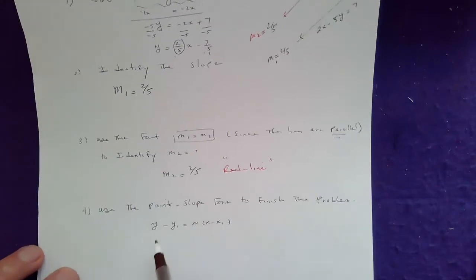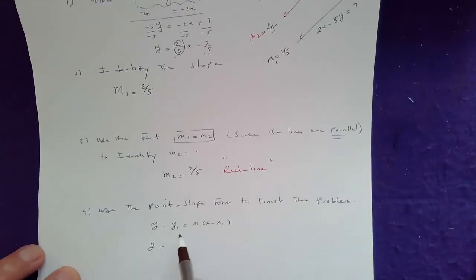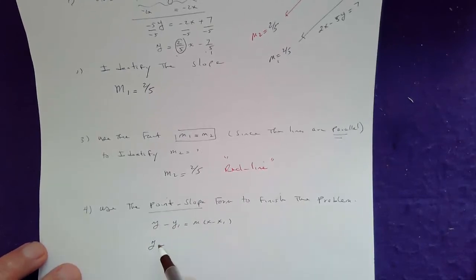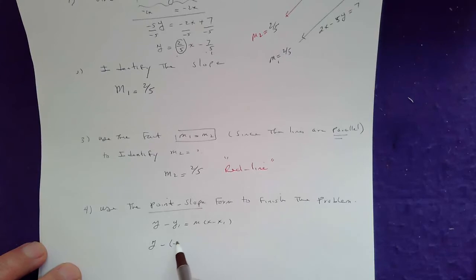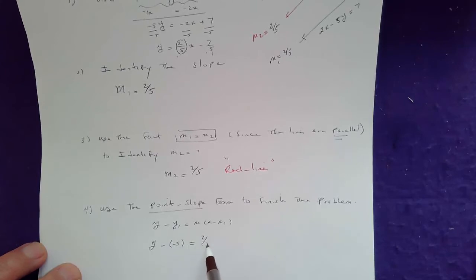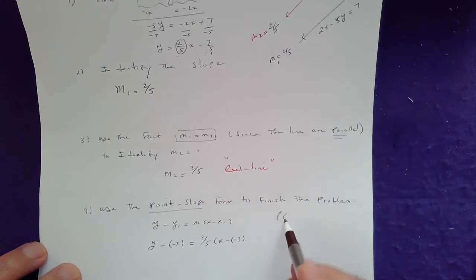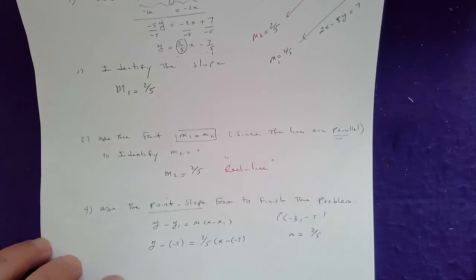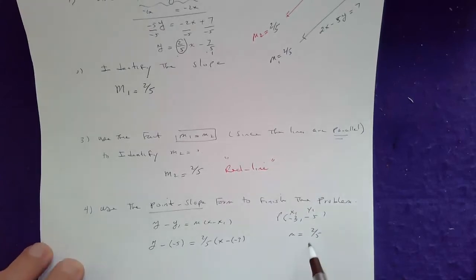So substitute those numbers in the point-slope form. Do I always use point-slope form? Yes. So this would be y minus 5 equals 2/5 times x minus 3. Remember, my point was -3, -5, and my slope was 2/5. So this is my x1, that's my y1, right? And this is my slope.